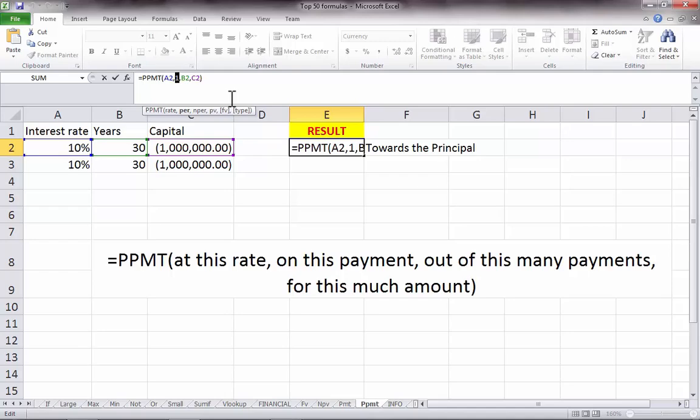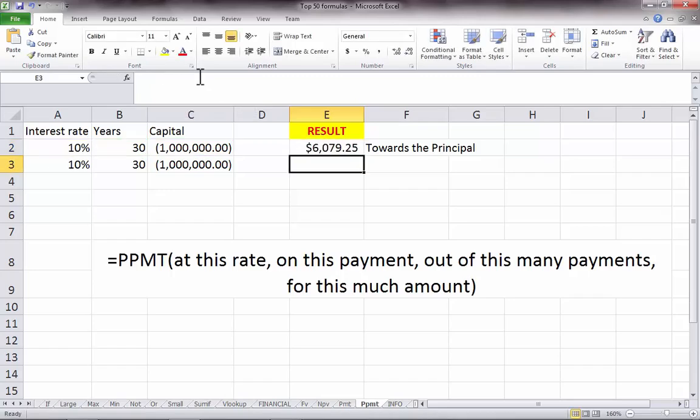One amount is for paying the interest, and another one is going towards the principal, which is the $1 million you want to pay off. So what we're saying here is compute the amount of principal that I'm paying on year number 1. Next is the number of years, or how many payments, and that's 30, followed by the starting loan amount, which is the capital, $1 million.